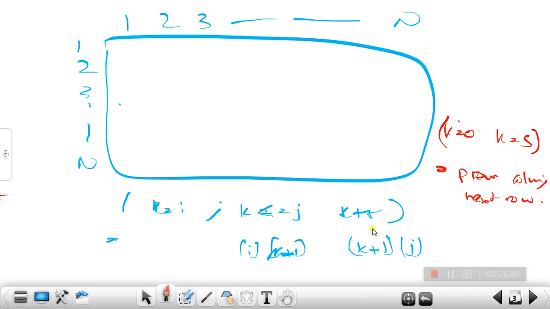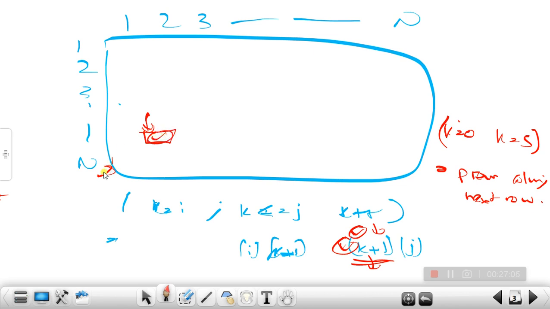If I'm asking from the next row, you can see here k plus 1 means the next row, then the solution for the next row has to be solved first. So I have to start my row in such a way that when I ask for k plus 1, the next row, the solution is already present.